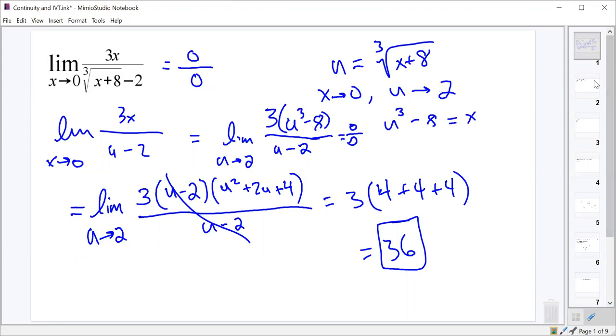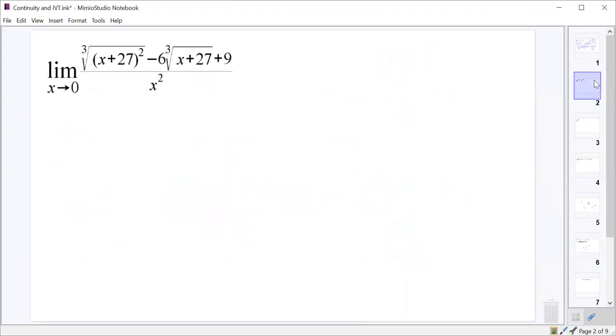All right, let's look at another one. What's the first thing you should do? Plug in our x equals 0 value. What do you get if you plug in 0?